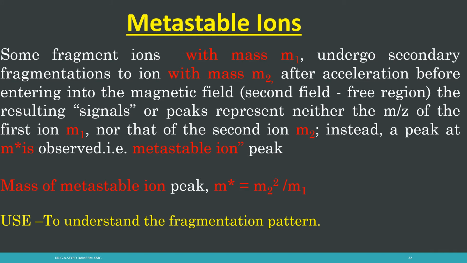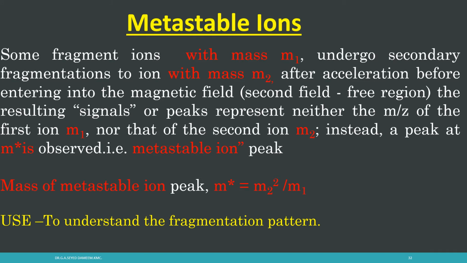Due to this process, a peak is obtained with an apparent mass number, given by m star equal to m2 square divided by m1. That peak is called the metastable peak, and the corresponding ion is the metastable ion.